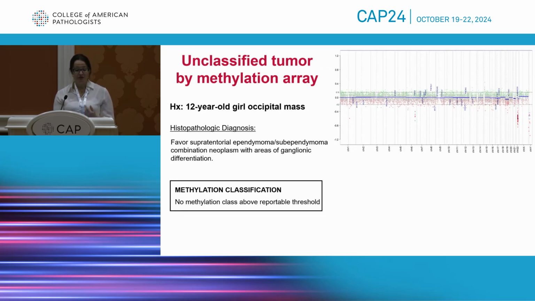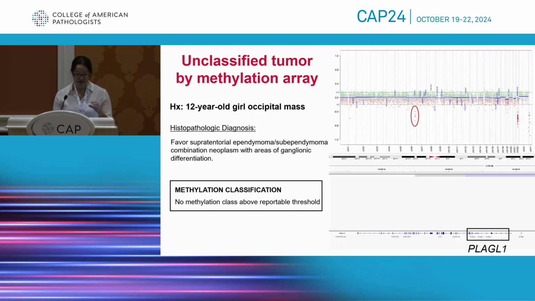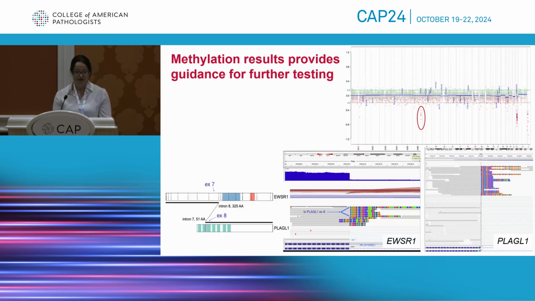And sometimes, even if you don't obtain classification, you can obtain still very helpful information, such as in this case, in which the tumor did not obtain classification, but you notice that there was some loss around chromosome 6 that, when we look closer, we can actually see was corresponding to the PLAGL1 gene.